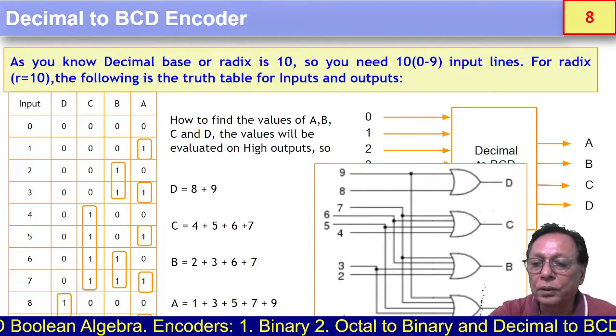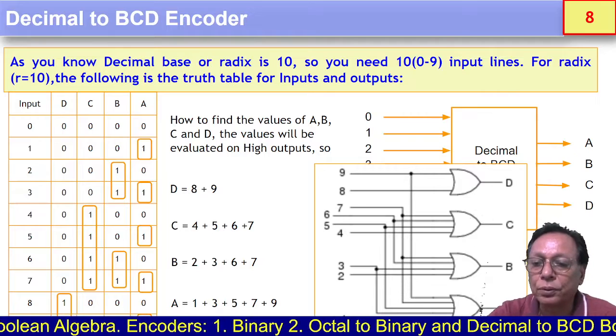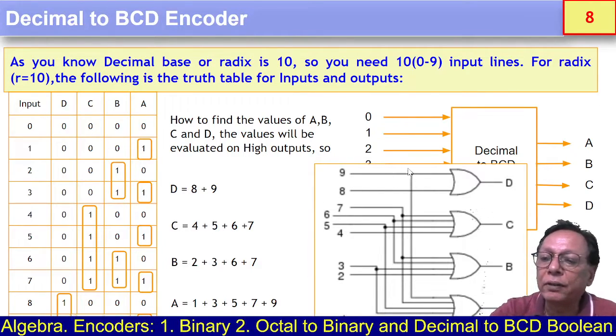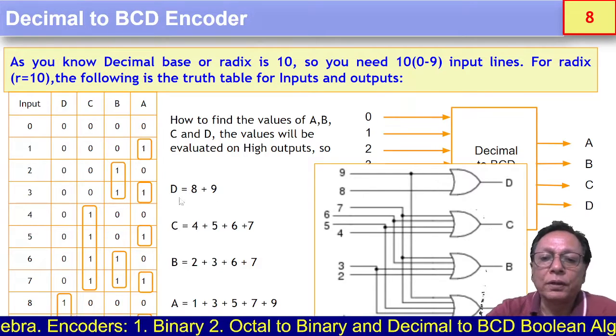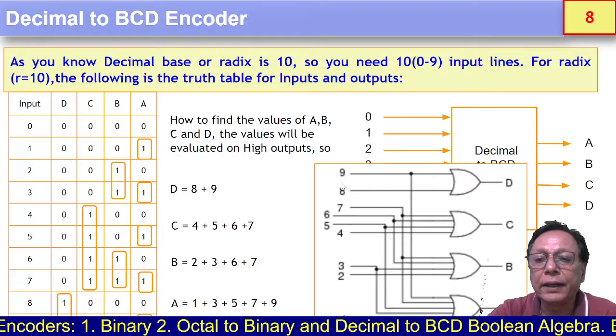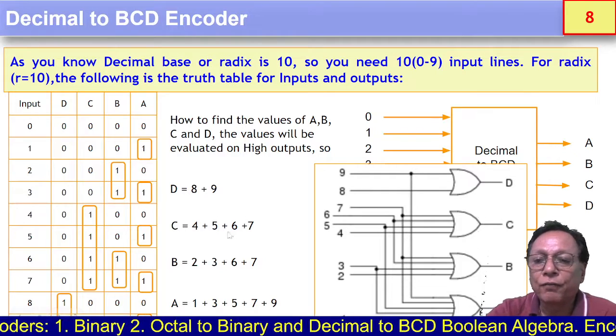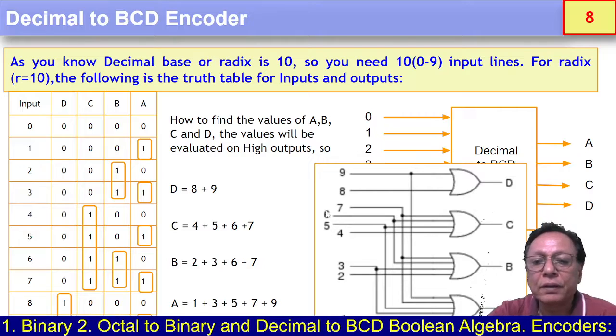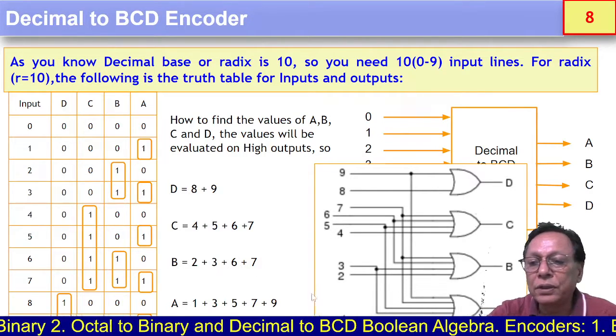But if you want, you can use the 0 line here also, but the 0 line is not passing through any of the gates. So see here for D, 8 and 9 are the signals. For C, 4, 5, 6, 7. And for B, 2, 3, 6, 7.